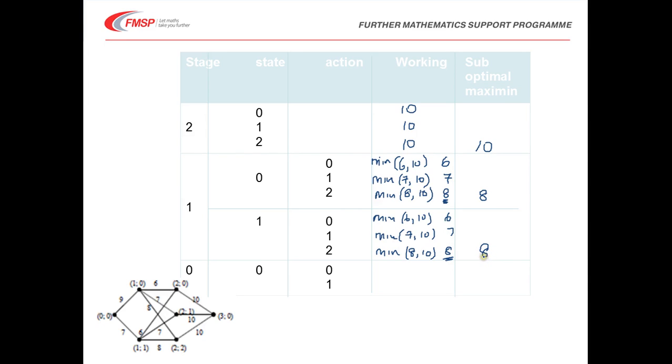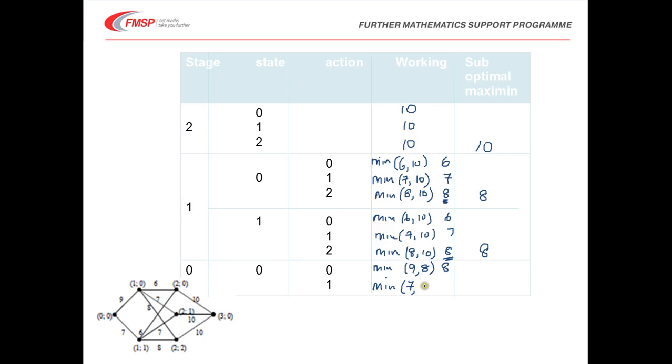And then we come to the final state, which has got 2 actions. If we use action 0, then that will be followed by the maximum from the previous one, which is an 8. So we want the minimum of that, which is an 8. Or alternatively, we might have used action 1, which meant that we used the bridge with weight limit 7.